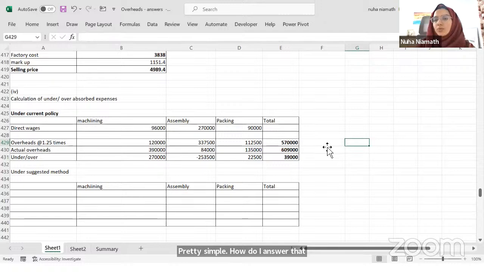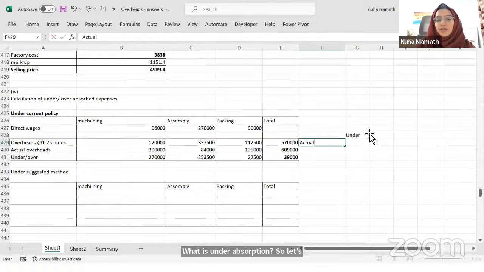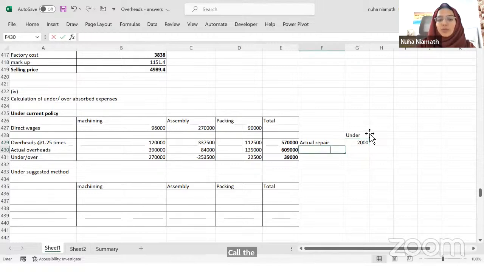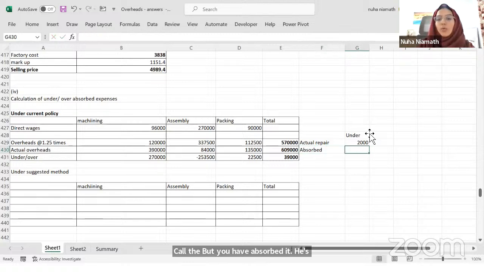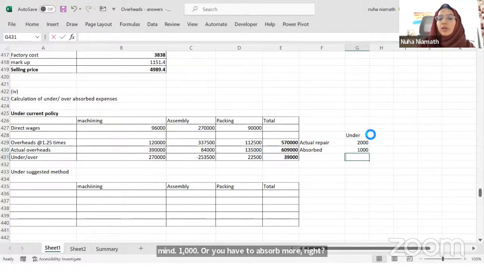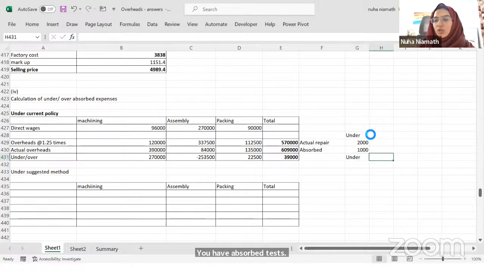What is under absorption? Let's say you have actually had a repair expense of 1,000 rupees, but you have absorbed it based on your predetermined rate, 1,000 rupees. So you have to absorb more, right? You have absorbed less. So that becomes an under absorption situation.